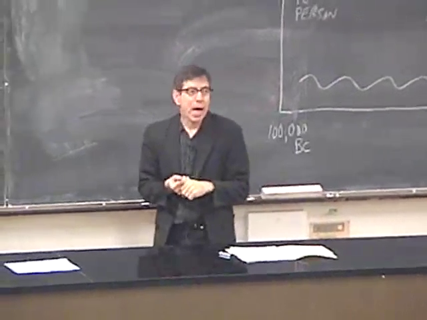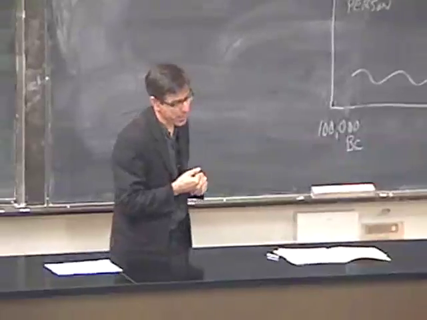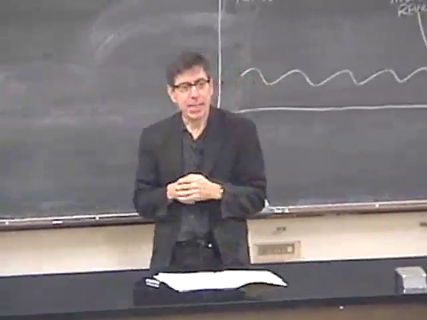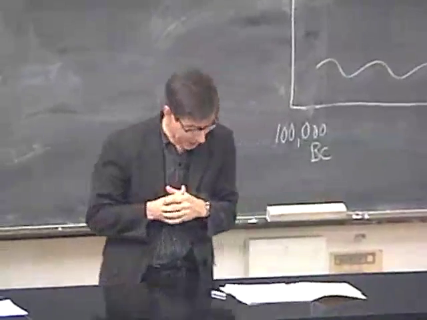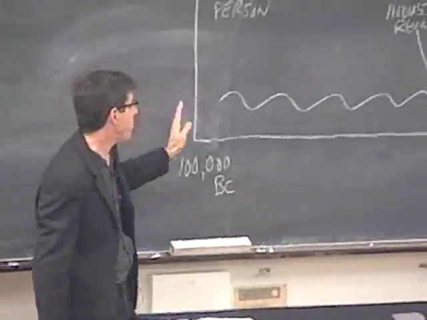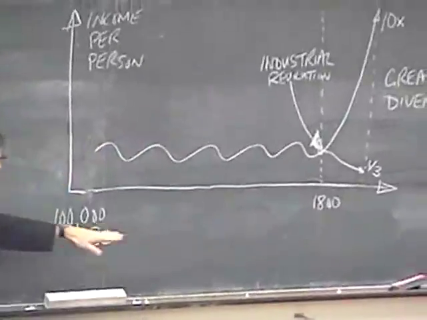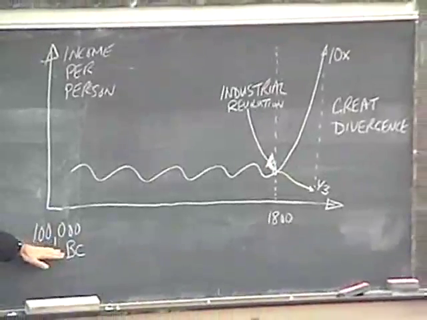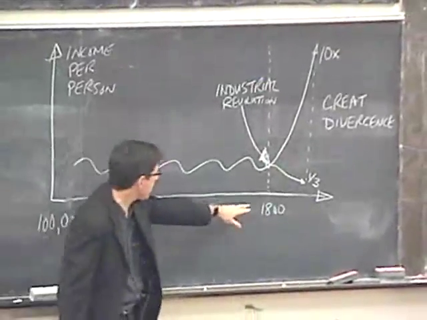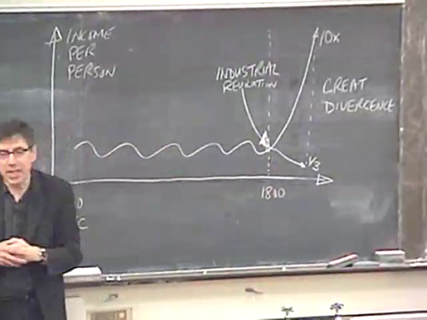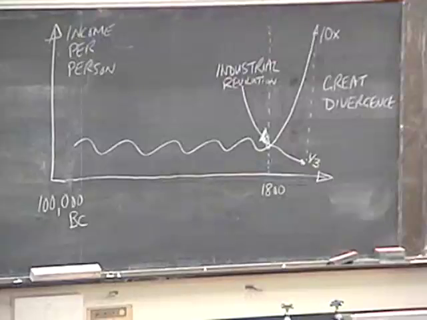Okay. The economic history of the world is actually surprisingly simple, and it can be summarized in one diagram. What happens is that before 1800, all the way from the original hunter-gatherers, 100,000 BC, up until 1800, there's no evidence of any increase in material living standards.